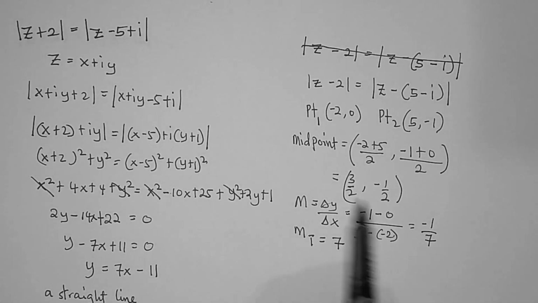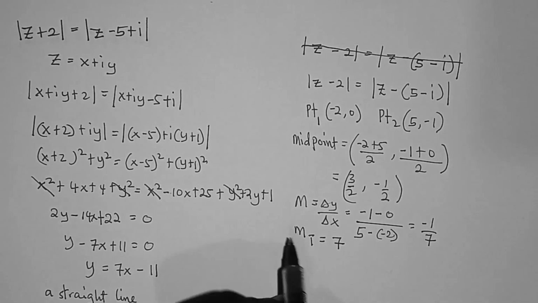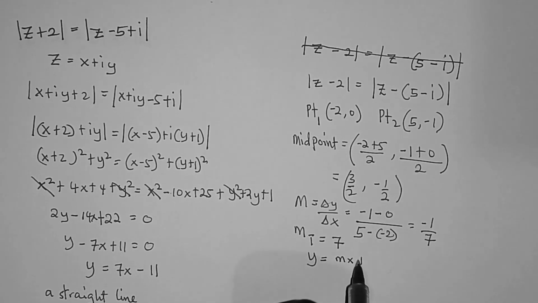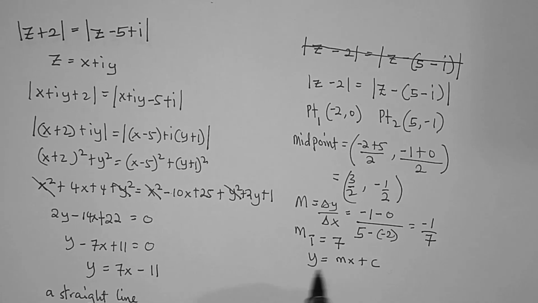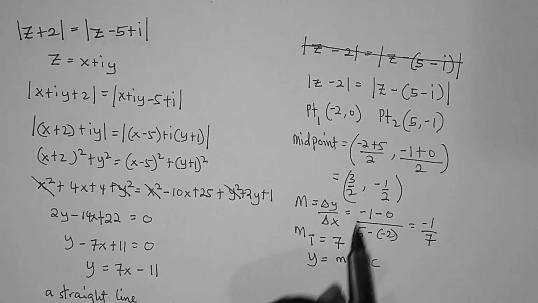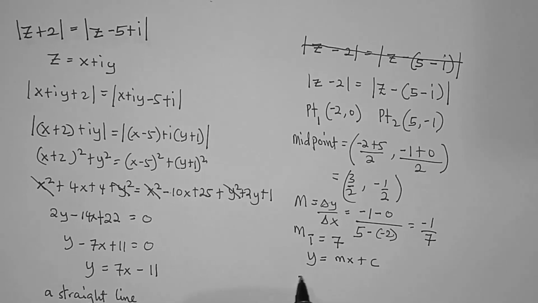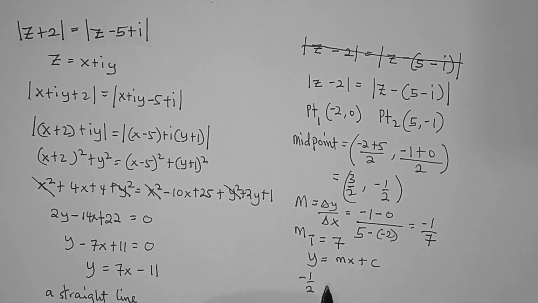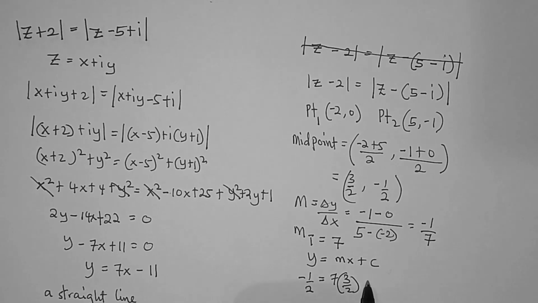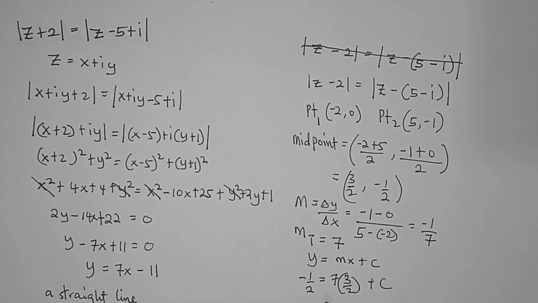Now, we have this point together with the gradient. So, since we know that it is the equation of a straight line, which is given as y equals mx plus c, we can use this equation to find the y-intercept. So using this point, minus 1 over 2 is equal to m, which is the gradient 7, times 3 over 2 plus c.